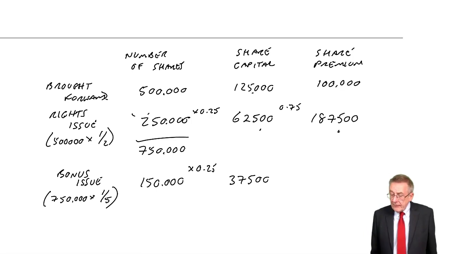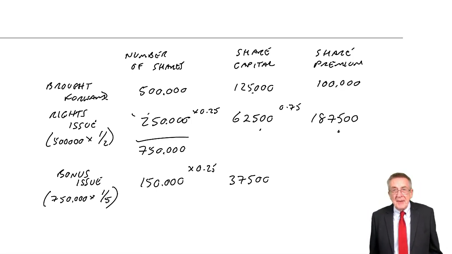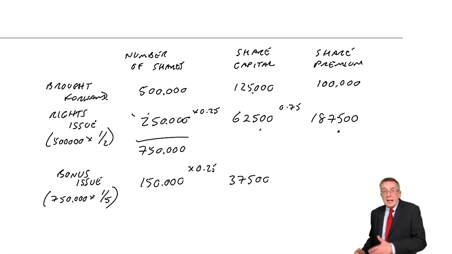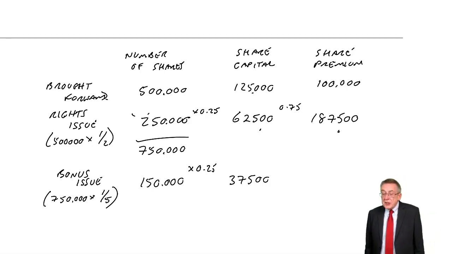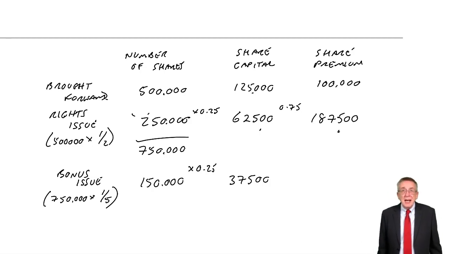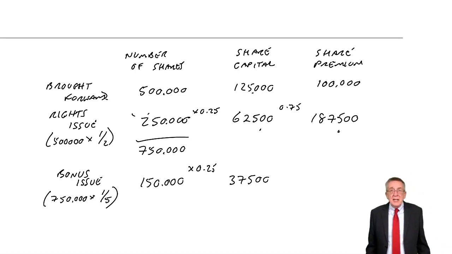But we have a problem, because these shares were given free. We've not received any cash. If you receive cash, debit cash, credit share capital, fine. But we've not had any cash. They've been given them free of charge. And so the total owing to shareholders can't change. If shareholders haven't paid in any extra money, they can't be owed any extra.